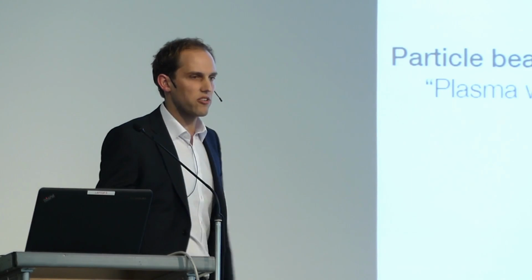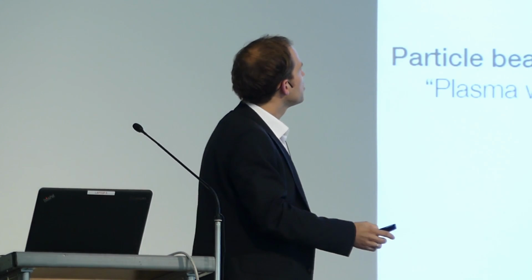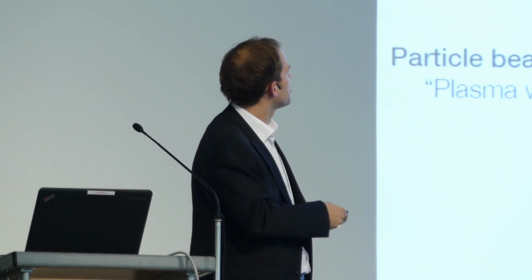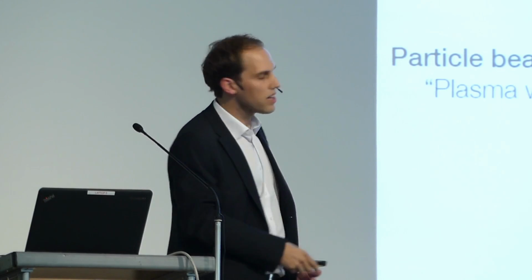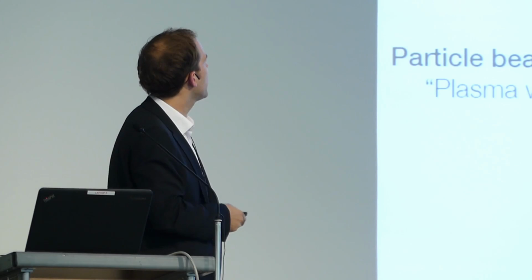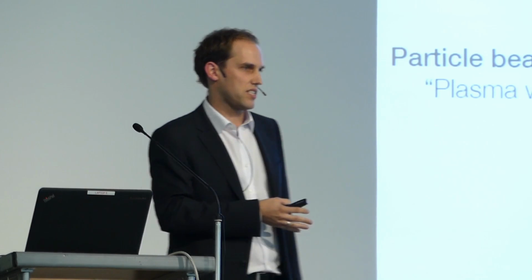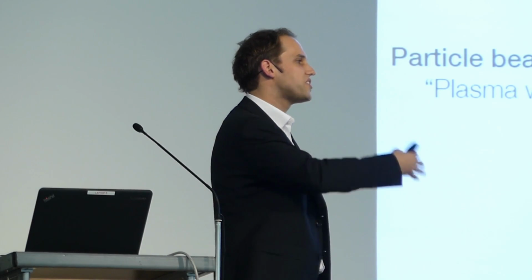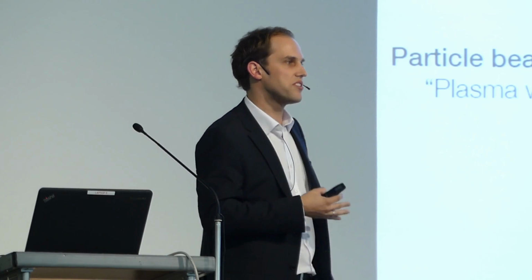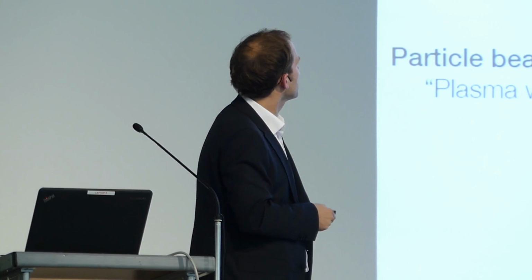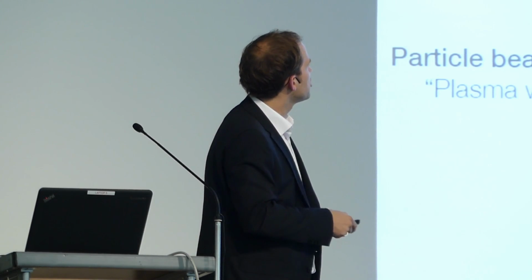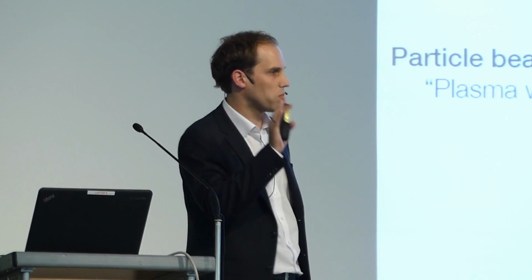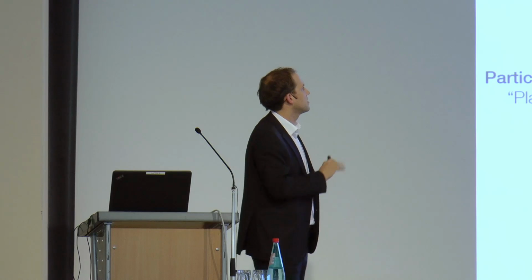So how do these accelerators work? From an outside perspective, we have the cell, the one you saw in the photograph, which we fill with hydrogen gas. Then we send a driver into the cell that loses its energy to drive plasma wakefields in there. What that is, I will discuss in a second.